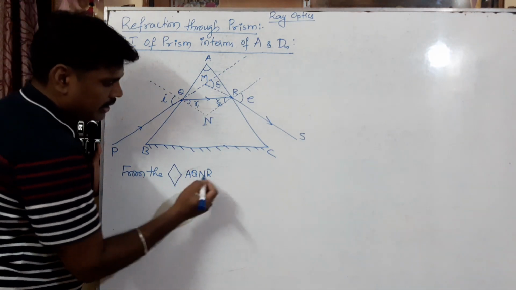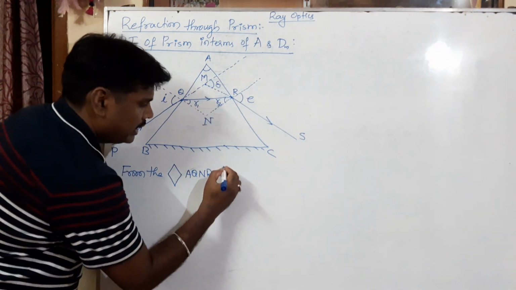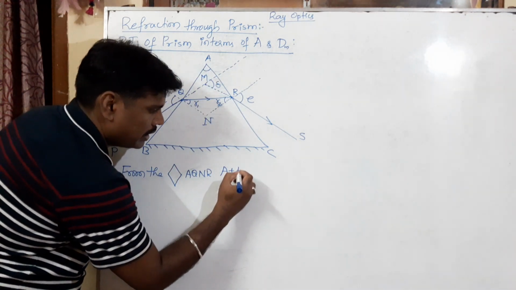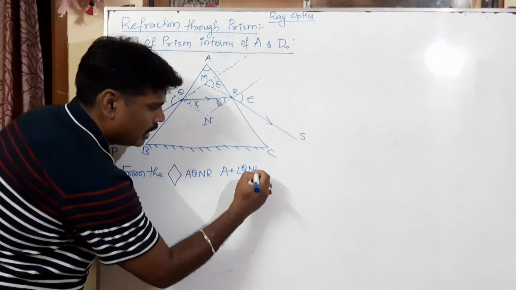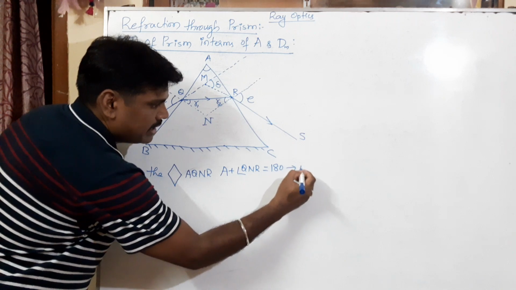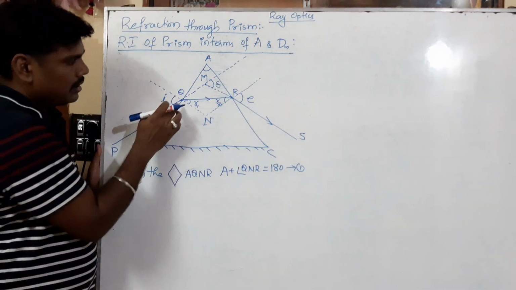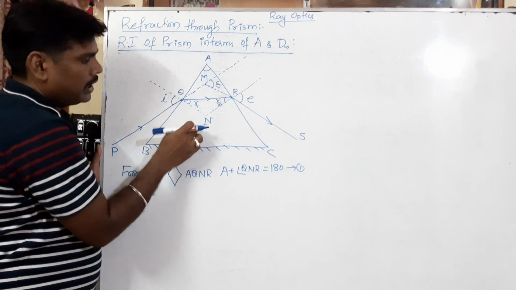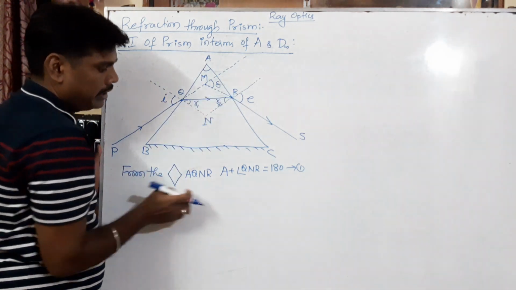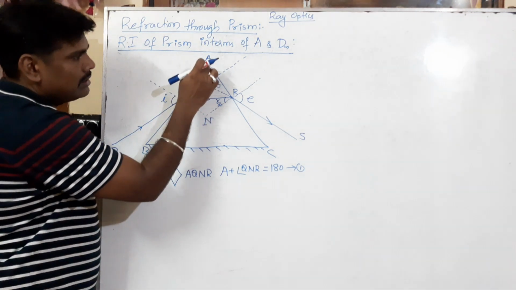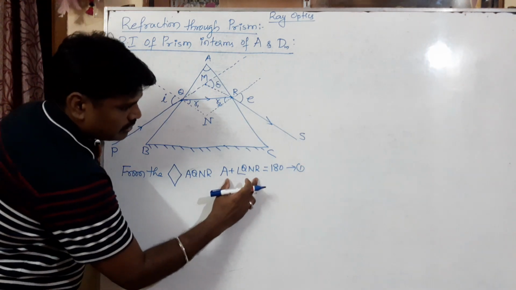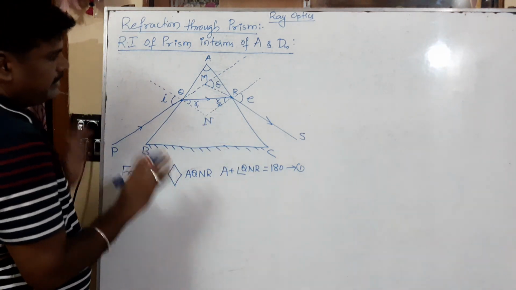So from the quadrilateral, angle of the prism A plus angle QNR, the sum of these two must be 180. Call this equation number 1. Why is it 180? Angle AQN plus angle ARN is 90 plus 90, 180. The remaining two angles are angle A and angle QNR, so the sum of these two must be equal to 180 degrees. This is the first part.